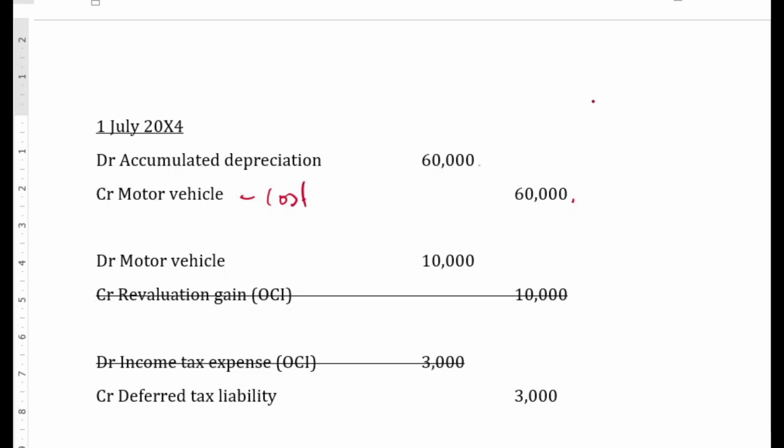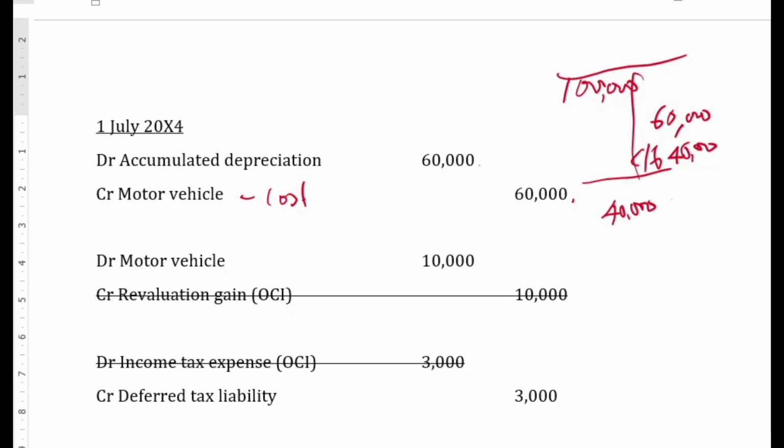So there was 100,000 and accumulated depreciation is now credited to that account. Therefore, our carried forward balance becomes 40,000 and that becomes the carrying value that is going to be increased to 50,000.